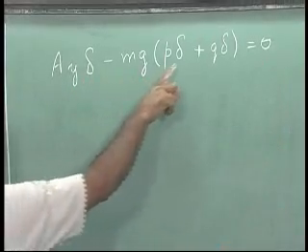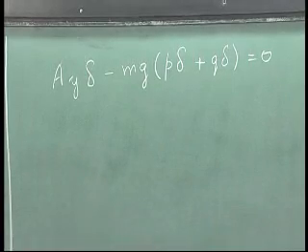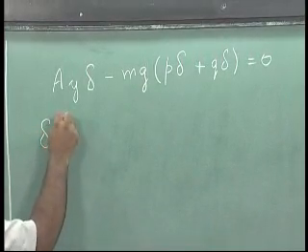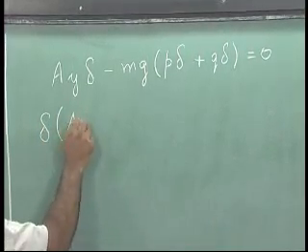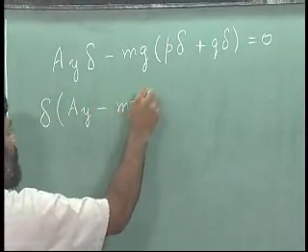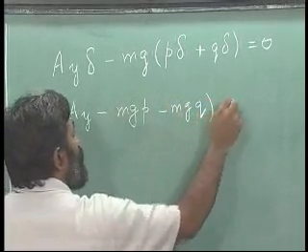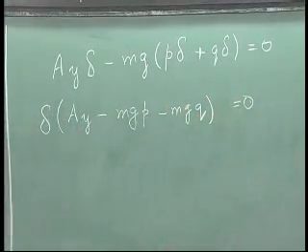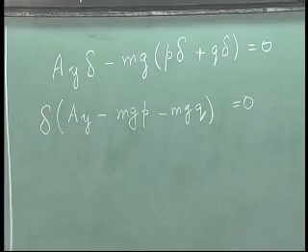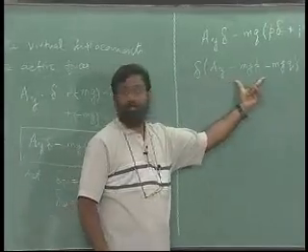You can see that delta is common throughout, in all the terms. I get delta times Ay minus mgp minus mgq equals 0. What do I know about delta? Delta is a non-zero displacement that I have given, which means the bracket has to be equal to 0.